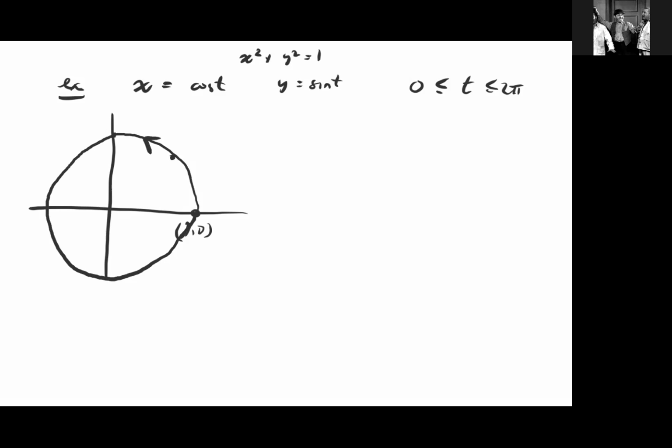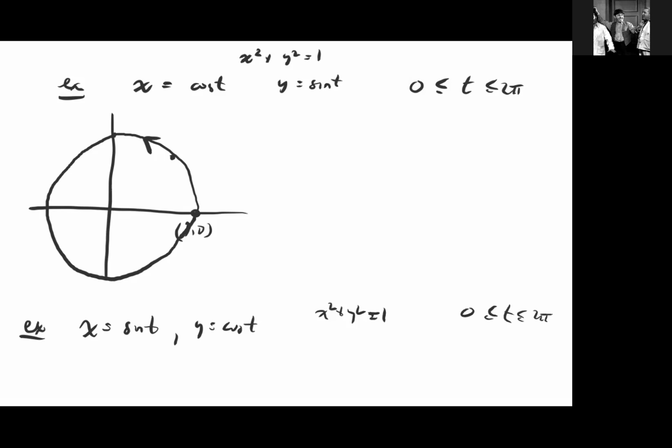Actually, there are other equations. Many formulas give the same underlying curve. For example, we could have x equals sine of t, y equals cosine of t, and then x squared plus y squared is again 1. And maybe we want t to again go from 0 to 2 pi.